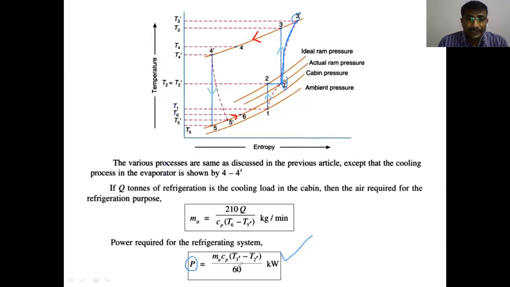Therefore, MA Cp (T3' − T2') is the work required by the compressor in kilojoules per minute. Divided by 60, we convert it to kilojoules per second, or kilowatts. So the power required by the compressor is MA Cp (T3' − T2') / 60 in kilowatts. This is the equation to calculate the power given to the air evaporative cooling system.